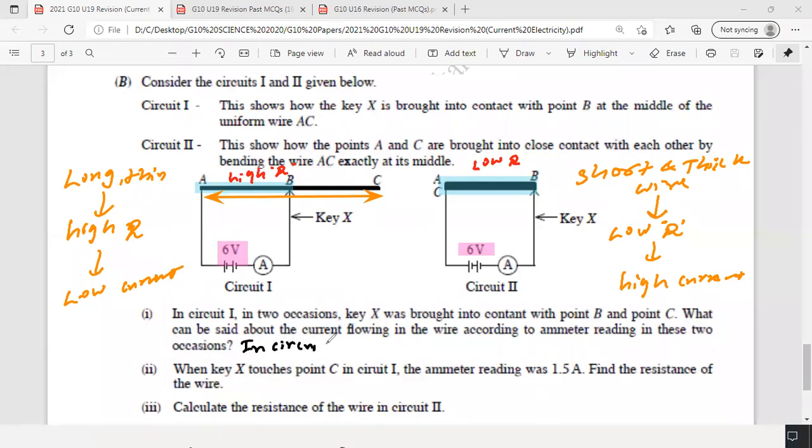In circuit 2, the amount of current, or else you can write ammeter reading. They are asking for the ammeter reading. What can you say about circuit 1? So you can write here: in circuit 2, the ammeter reading is greater than in circuit 1.